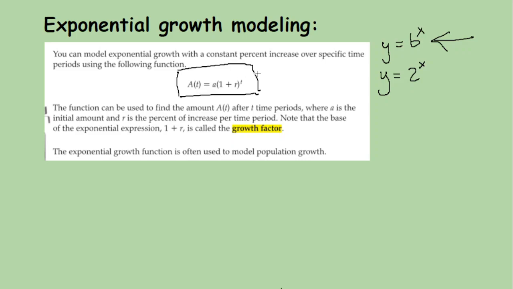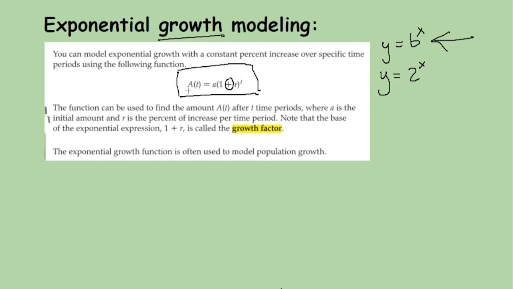The way you can remember this and differentiate it from the other one is this is growth, and this is the one where you're adding, right? So t is the variable in this one. We're not using x in any of these; we're using t for time. So t is basically our x, but t stands for time periods.